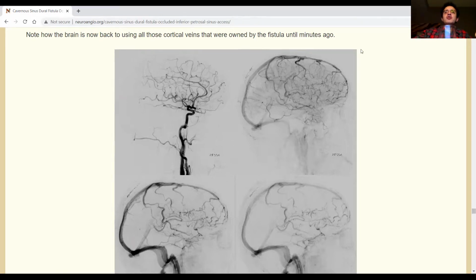Will these veins thrombose if you don't? Maybe yes, maybe no. But certainly the transmedullary drainage still exists. What usually happens is that the brain just starts using them, and a few of them might thrombose, but most of them are going to be fine.